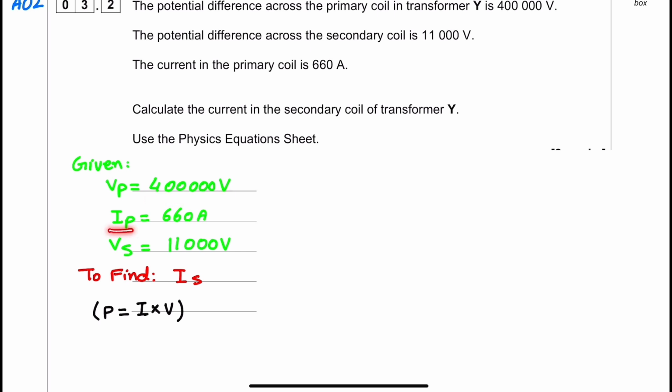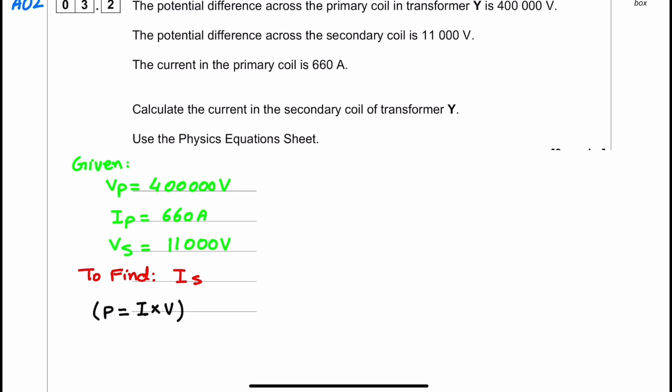The current in the primary coil is 660 amperes. The potential difference across the secondary coil is 11,000 volts, but we need to find the current flowing in the secondary coil. We will use the formula power is equal to current times potential difference.